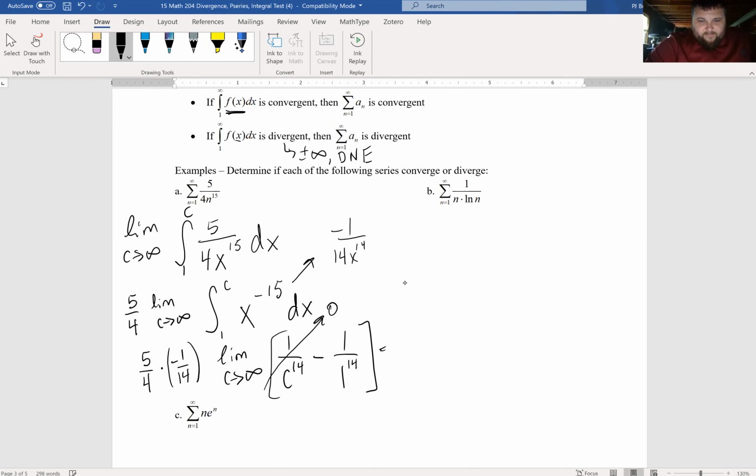So that's going to be 5 over 56. That number really doesn't have any significance other than that the integral converged, because it gave us something we can work with, a real number. So if the integral converges, so does the series.